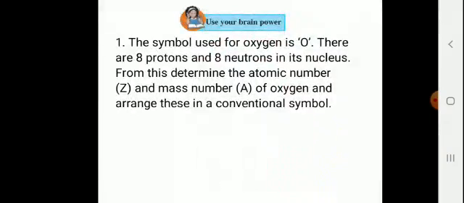Let us discuss a few questions under the heading use your brain power. The symbol used for oxygen is O. There are 8 protons and 8 neutrons in its nucleus. From this, determine the atomic number Z and mass number A of oxygen and arrange these in a conventional symbol. Now from this information, can you tell me what is the atomic number of oxygen?